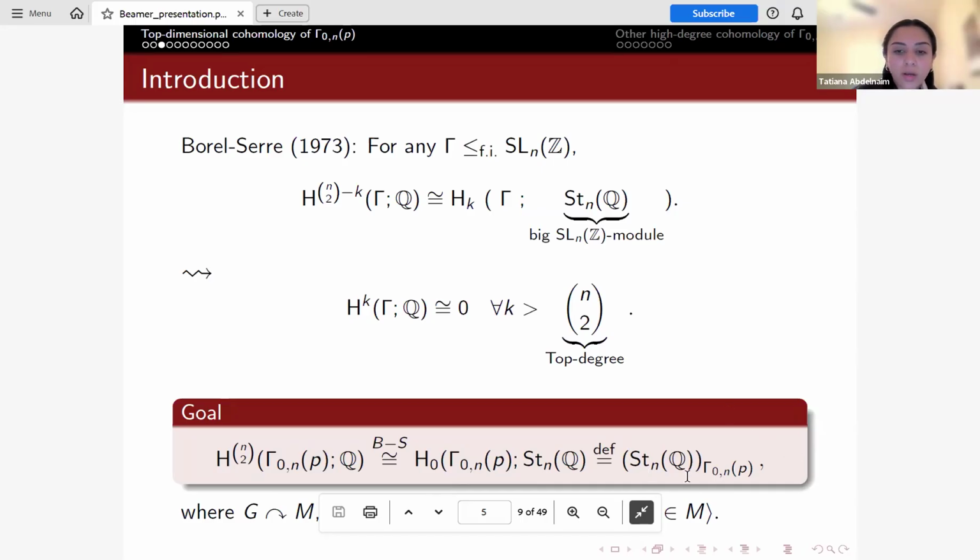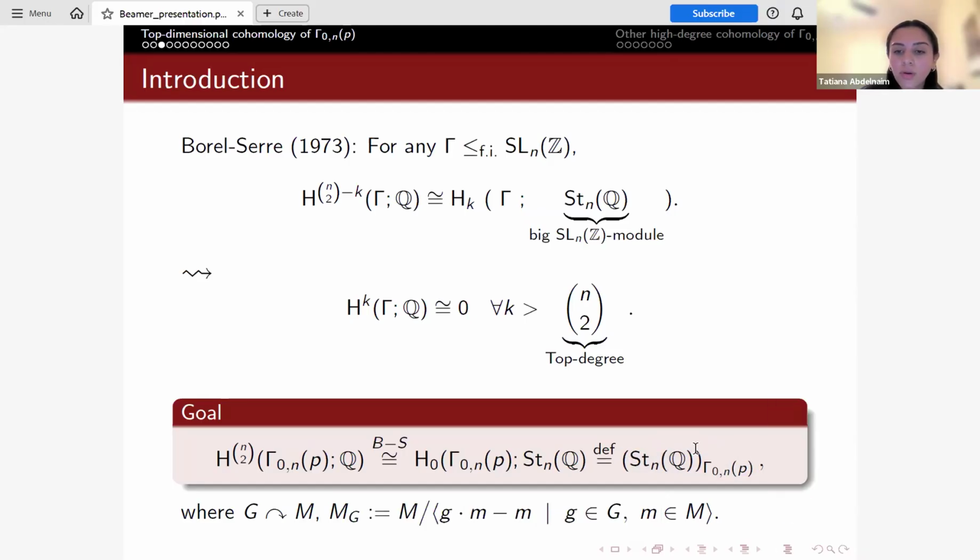If you're not familiar with the definition, if you have a group G acting on M, then you can define the coinvariants M_G to be the quotient of M by all the elements of the form gm minus m. This is the largest quotient of M on which G acts trivially. So now the goal is to understand these coinvariants.